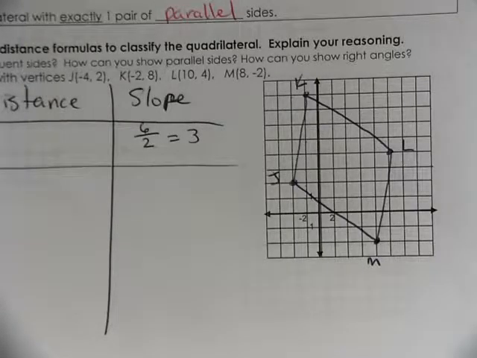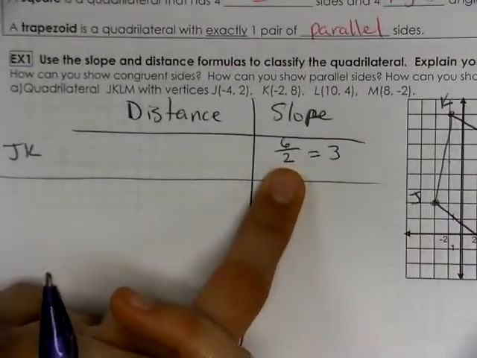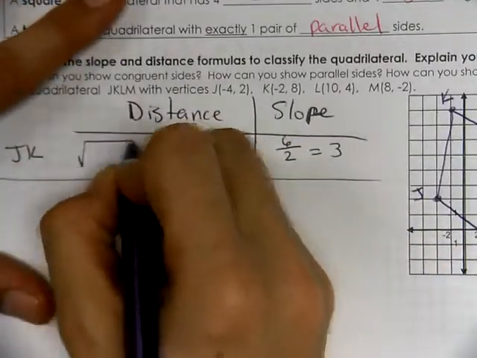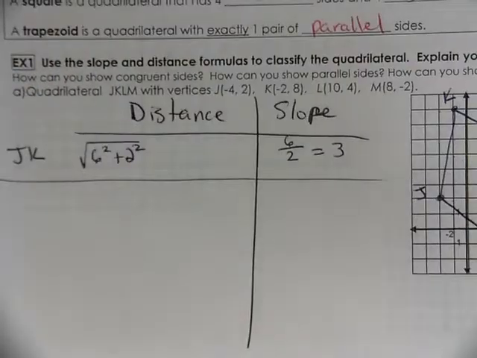Now, distance and slope are related. Do you see how on our formulas there's x2 minus x1 in both, y2 minus y1 in both? So my shortcut for the distance is to take my non-simplified slope and square those numbers. So my distance is going to be the square root of 6 squared plus 2 squared. It's almost like making a little triangle and doing Pythagorean theorem.